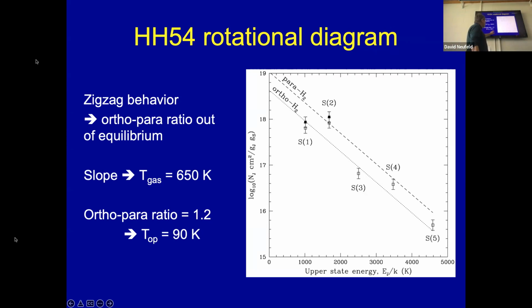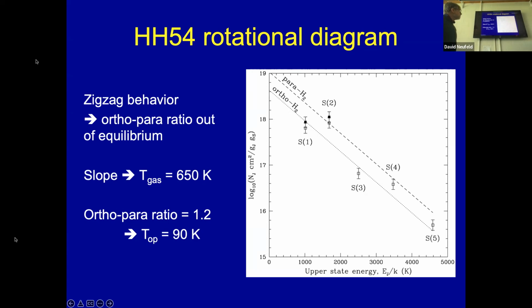We plot that against the energy of that state. And the reason we do this is that if you're in thermal equilibrium, the Boltzmann factor e to the minus energy over kT will make sure that you get a straight line. And the slope of that line will be inversely proportional to the temperature. So it's a convenient way of seeing temperatures.